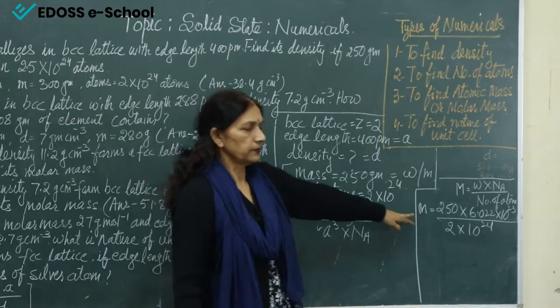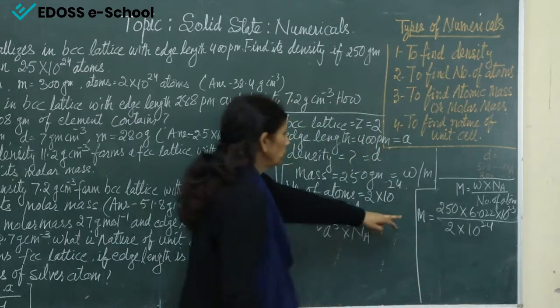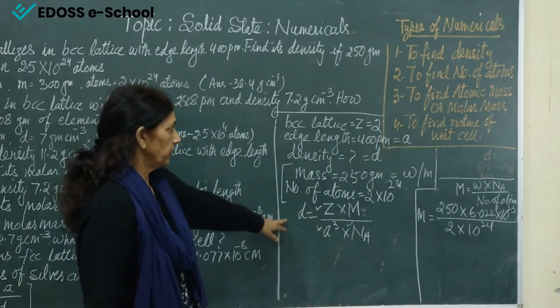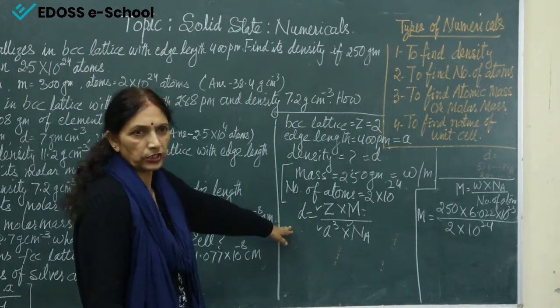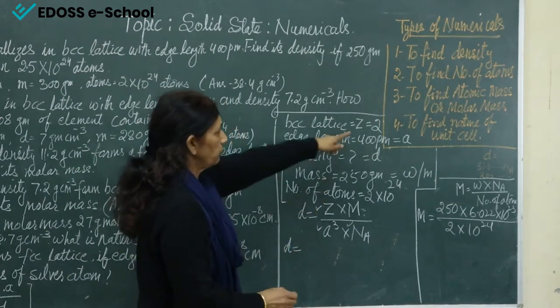So this is how we can find M. Now this value we will put here. We have to find density, so there is no need to change the formula. So D will be equal to Z, we will put here 2.